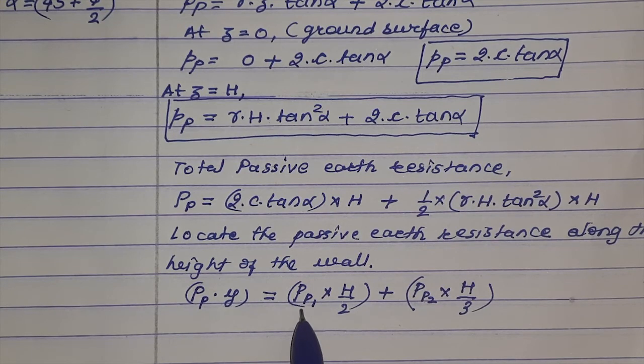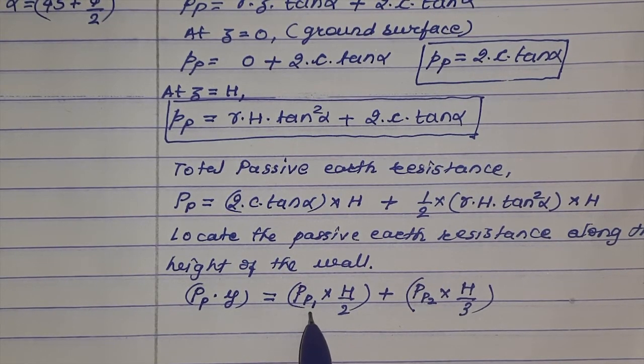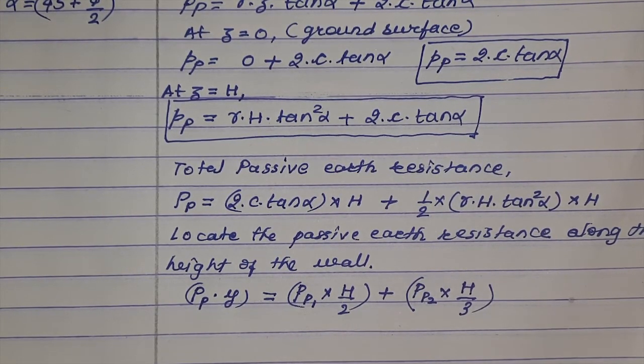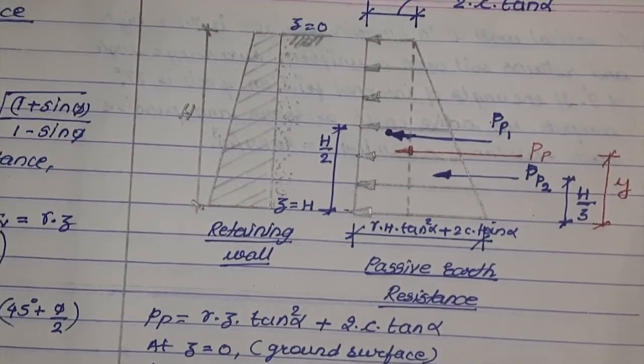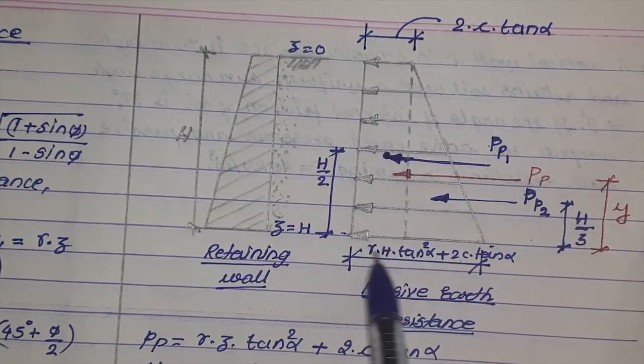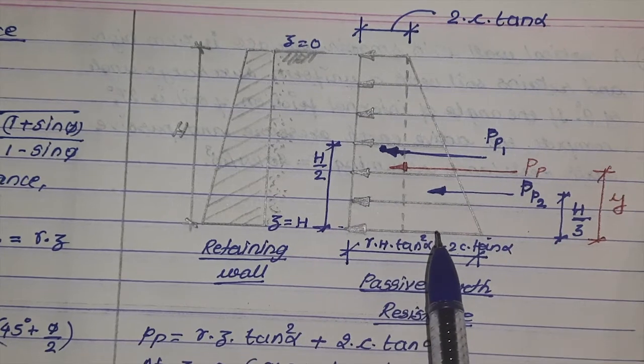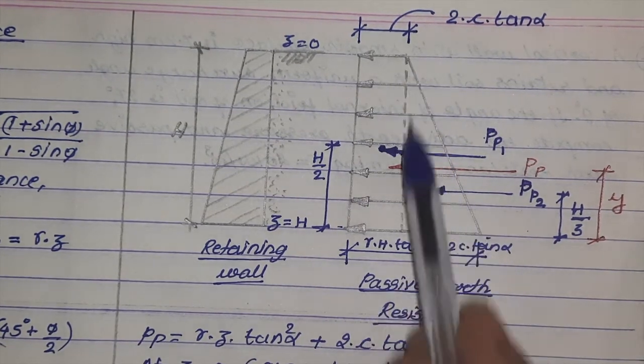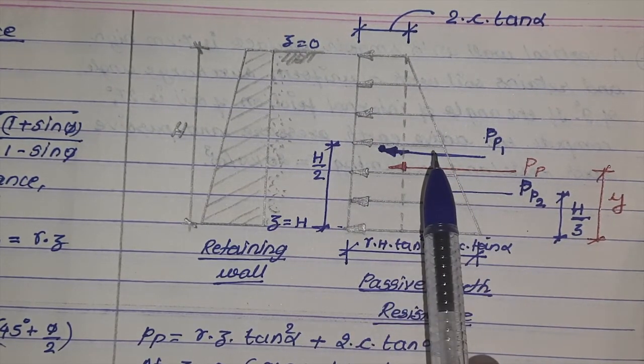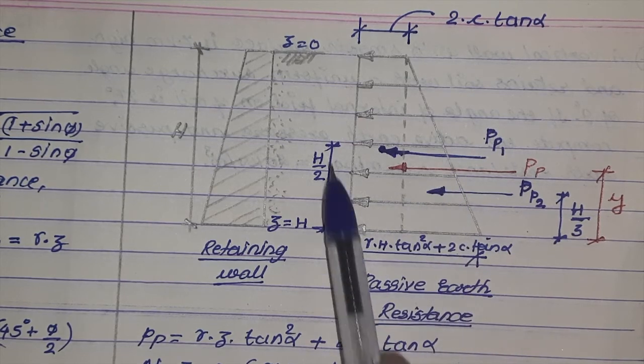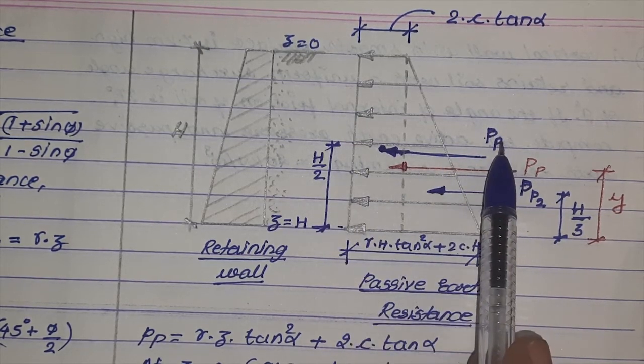Capital PP1 is nothing but the area of this rectangle, and capital PP2 is nothing but the area of the triangle. So that area multiplied by h by 2 will be the moment due to PP1.